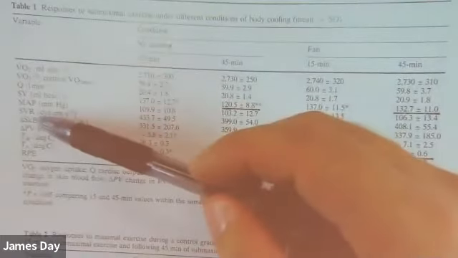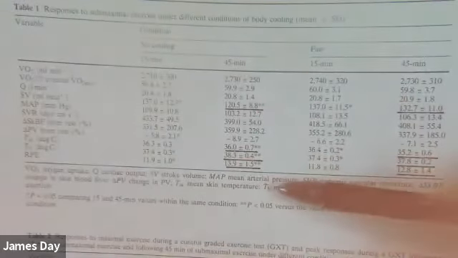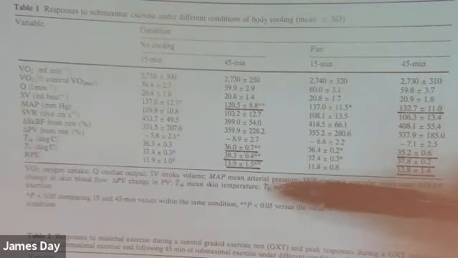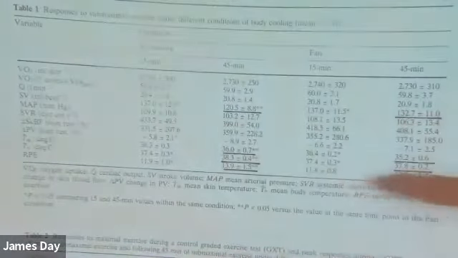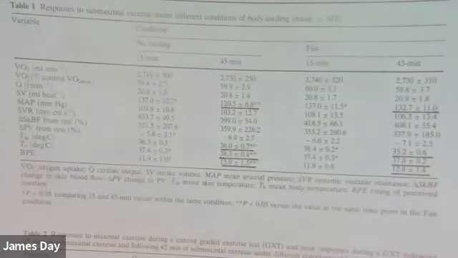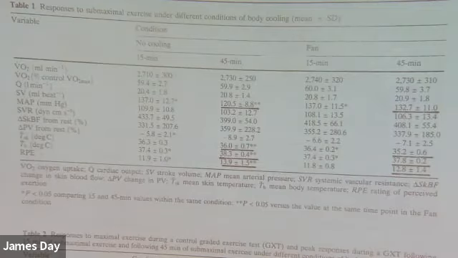Any abbreviation that they put in their table will always be described below. So I'm first going to look at the description here, and I'm going to see what are the key things that I'm most interested in. And that's what I need to compare.